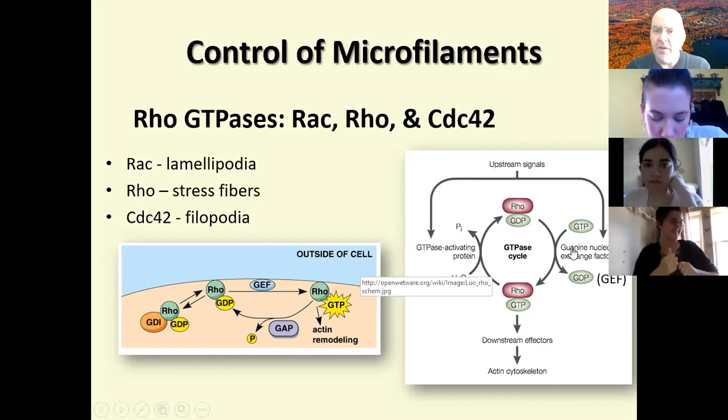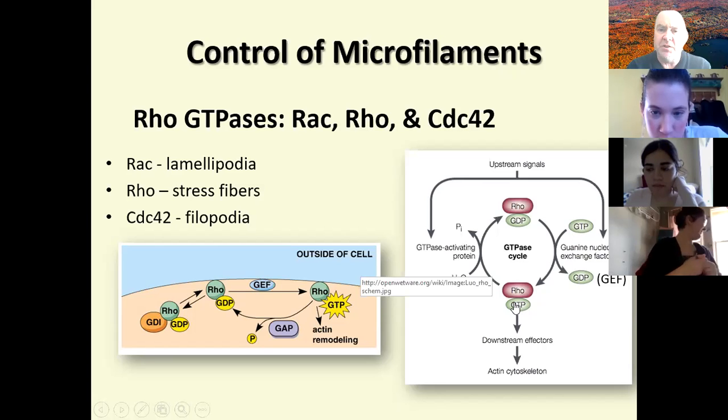Here's another way of looking at it. Here's your GEF over here. It causes GDP to come off and picks up GTP. Your downstream effectors then are some of those ARPs that we talked about, WASP and profilin and all of those things.